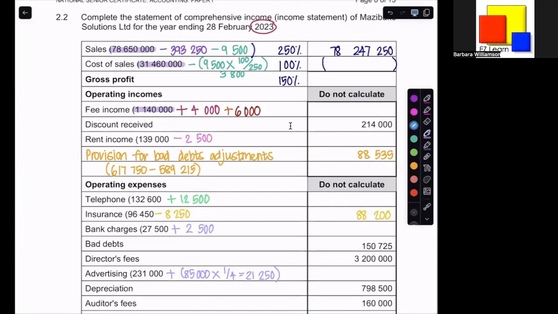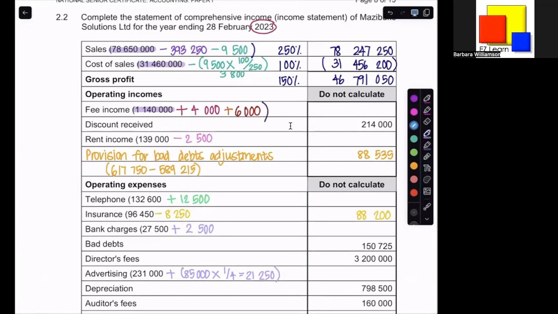Your cost of sales must be shown in brackets or you'll lose the mark, and that is 31,456,200, which would then give you a gross profit of 46,791,050. Don't worry about the percentages here, because remember that sometimes there'll be adjustments and things that would have thrown it off. The reason we had the percentages was simply so that we could do the calculation from the 9,500 to get the 3,800 in my sales and cost of sales.